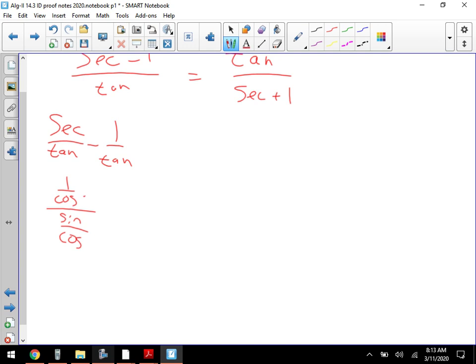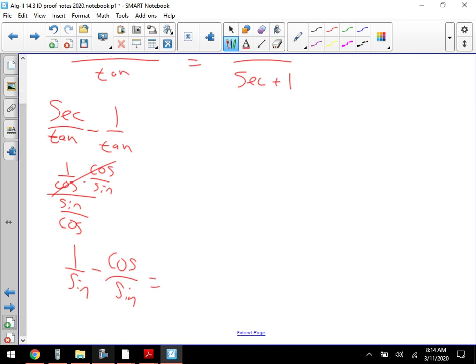So that's cosine over sine. So the first fraction winds up being 1 over sine minus cosine over sine, because 1 over tangent is cotangent. So then I get a common denominator, and I'm already there with 1 minus cosine over sine. But that's not secant tangent, is it?